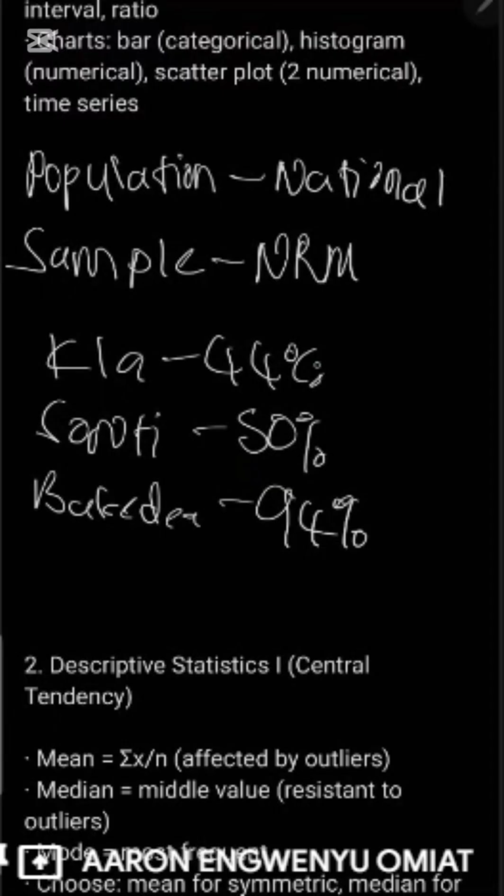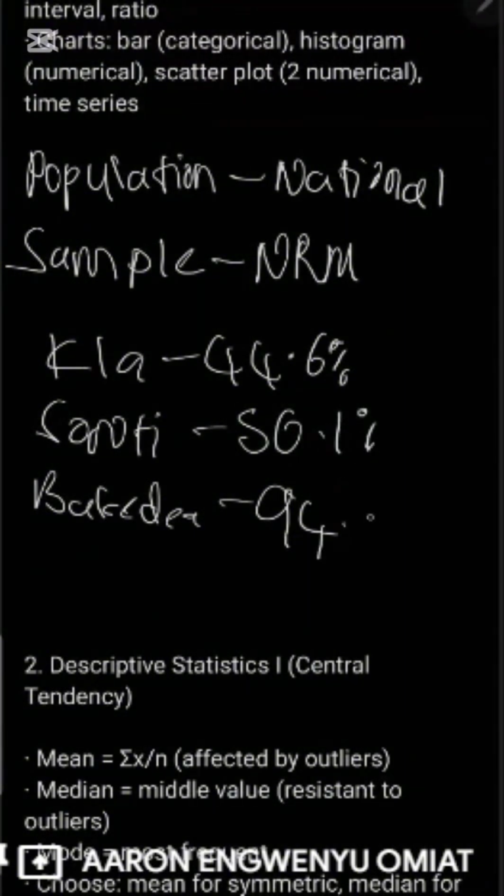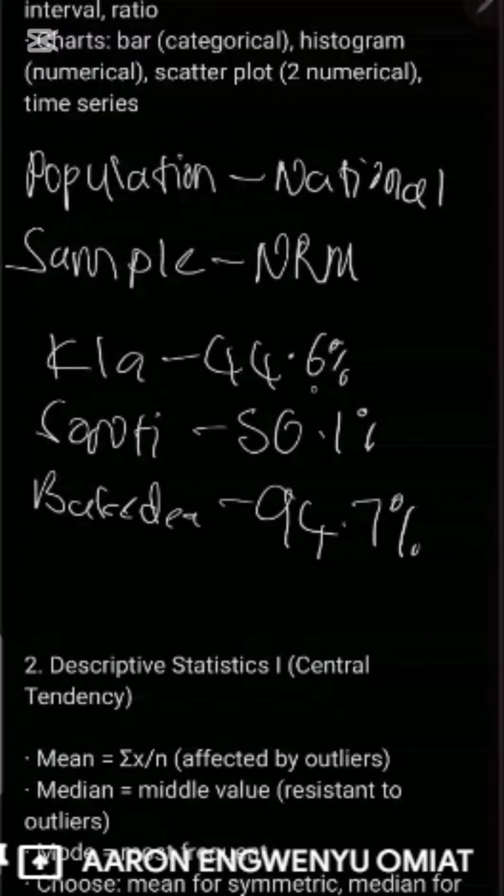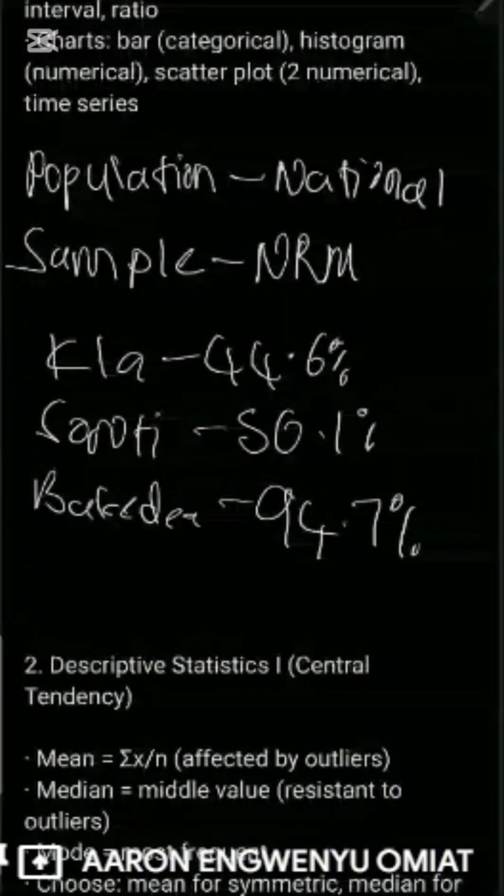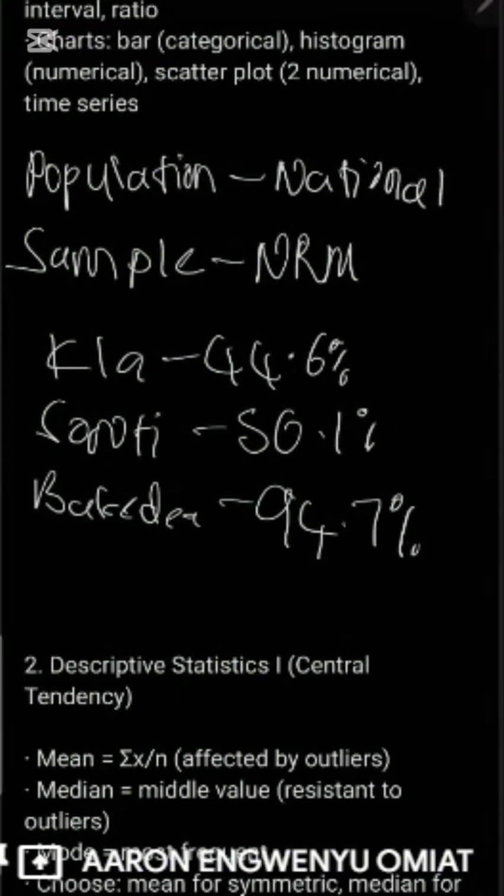If you were to look at the data, it would be like 44.6%, 50.1%, then 54.7%. This way, you realize these are decimal points. That means this is continuous data. Discrete comes as a result of counting, continuous usually as a result of measurement or calculation. That's why we end up with decimal points and fractions.